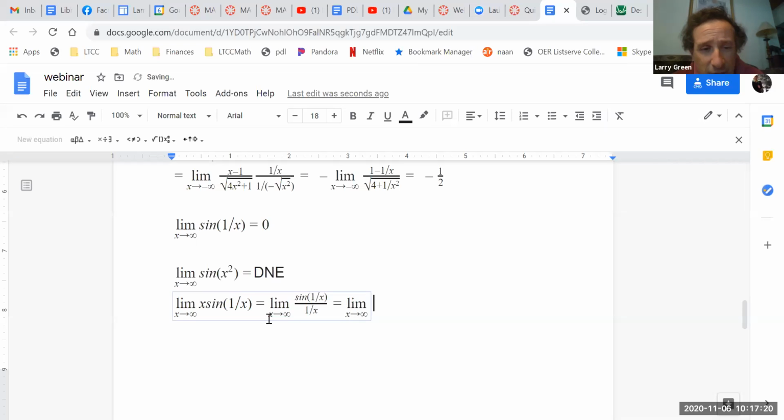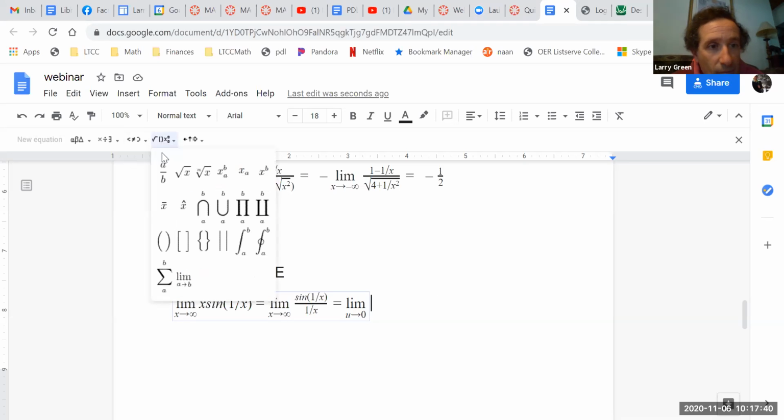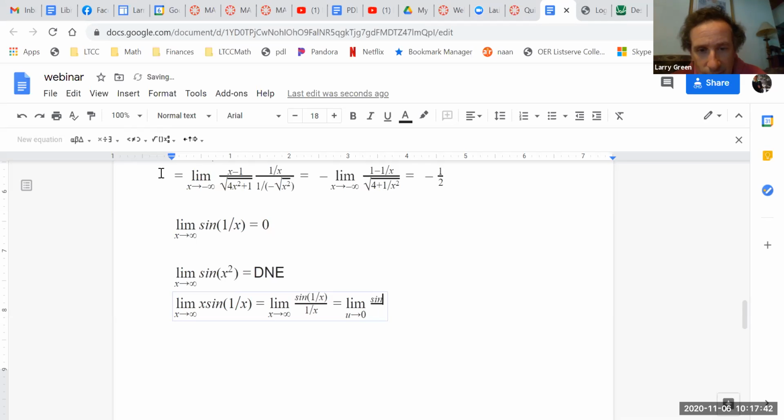is, well, if u is 1 over x and x goes to infinity, what does u go to? Zero. And similarly, sine of 1 over x is the sine of u, and 1 over x is u.